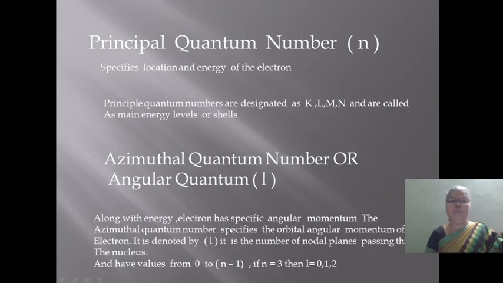The azimuthal quantum number specifies the orbital angular momentum of the electron, and it is the number of nodal planes passing through the nucleus, having values from 0 to n minus 1. That means if n equals 3, then l equals 0, 1, 2.